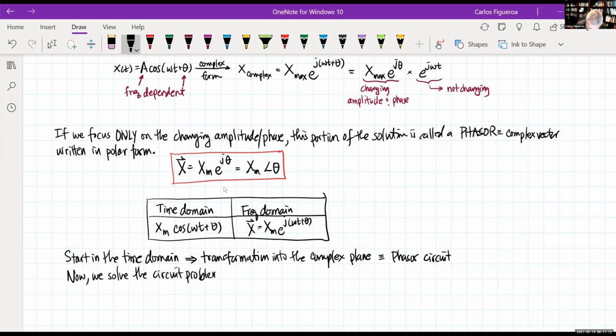Okay, so now that we've solved the circuit problem, we then transform back into the time domain using Euler's relation.